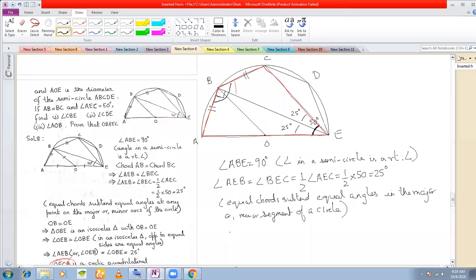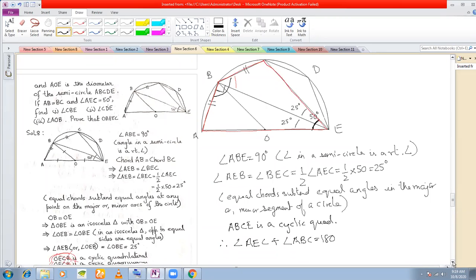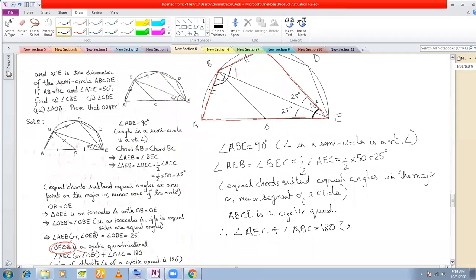We write this: ABCE is a cyclic quadrilateral. Therefore, angle AEC plus angle ABC is equal to 180, because the sum of opposite angles of a cyclic quadrilateral is 180 degrees.